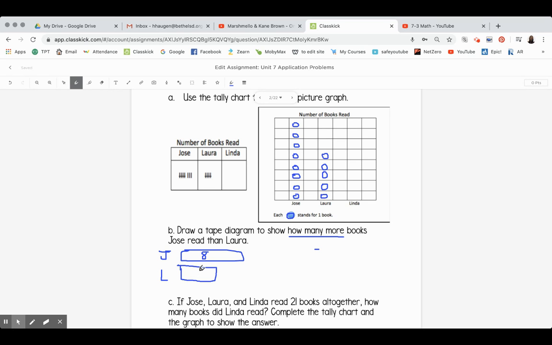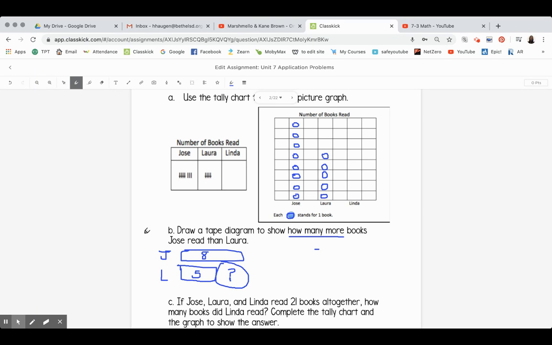And her number is 5. She read 5 books. So this is the tape diagram to show me subtraction. Because when I'm subtracting, I want to know the difference. I want to know what this extra part right here is. That's what I'm looking for, is this part. And so this is a tape diagram to show me that.